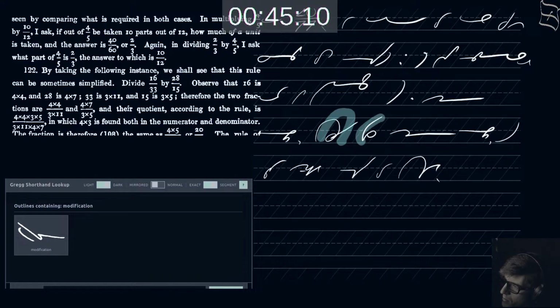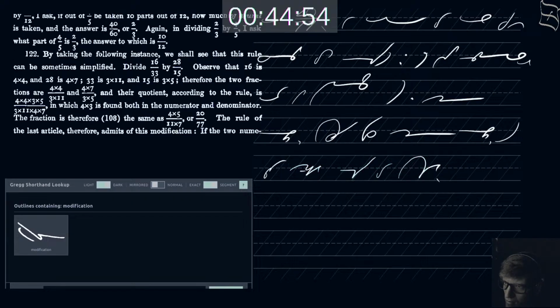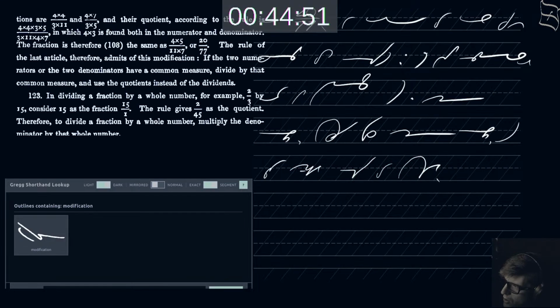Divide by that common measure and use the quotients instead of the dividends. Very nice. Now we go ahead and start in on 123.